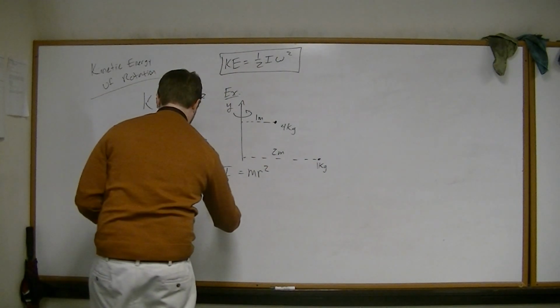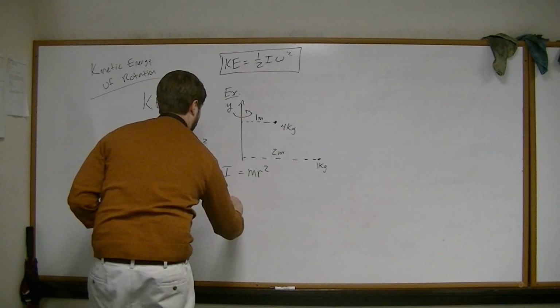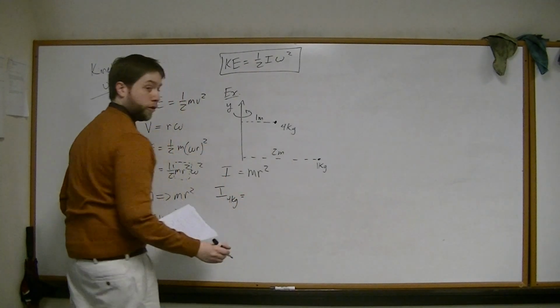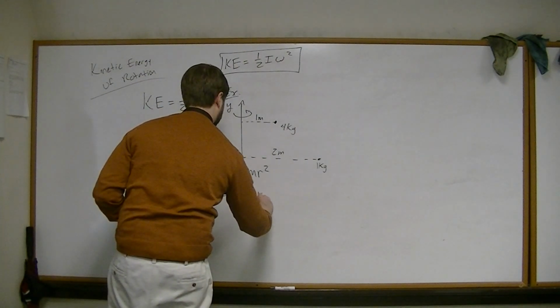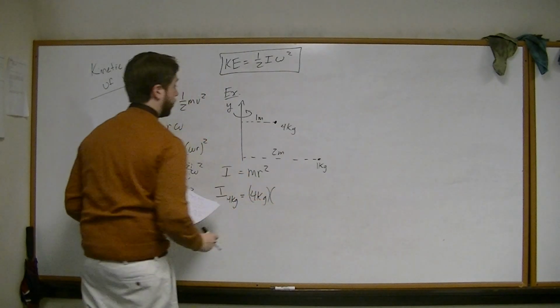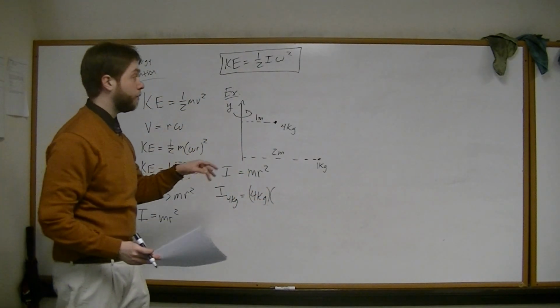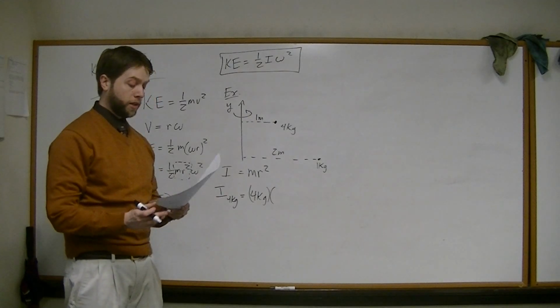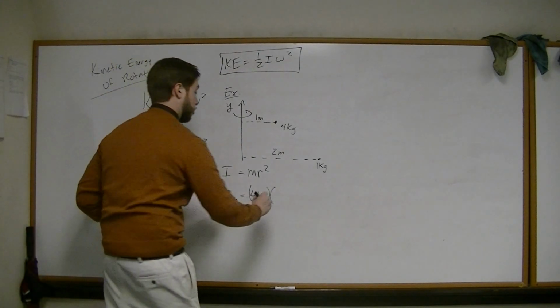So the first one, for the 4 kilogram mass, is going to be equal to the mass, 4 kilograms, multiplied by the radius. That refers to how far away we are from the axis of rotation. This is going to be 1 meter squared.